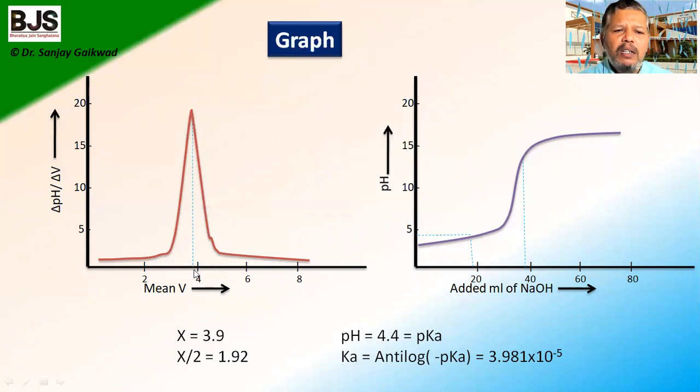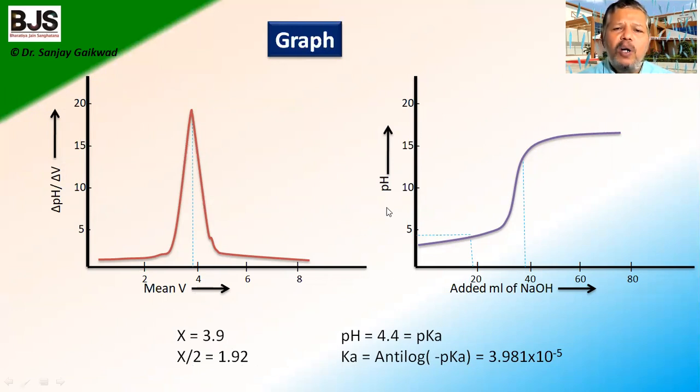Now this peak, the center point, the highest point, is nearly equal to the 3.9 ml addition, and this is the equivalence point of the titration. Now this equivalence point, as we are saying, is X, and for half neutralization we calculate 3.9 divided by 2, which is equal to 1.92.